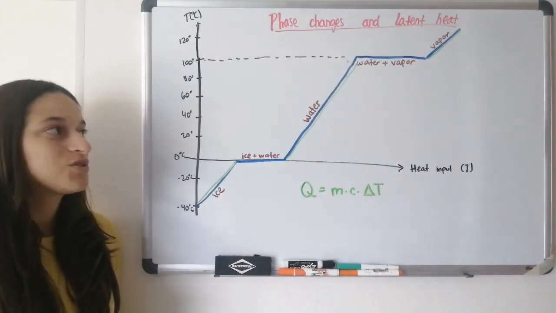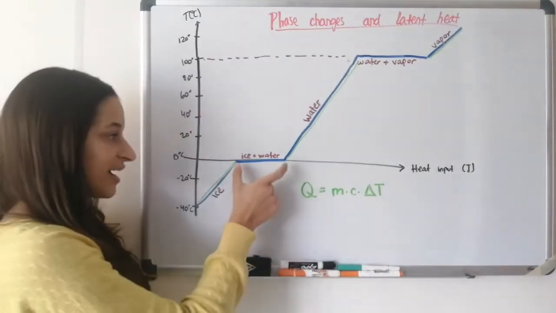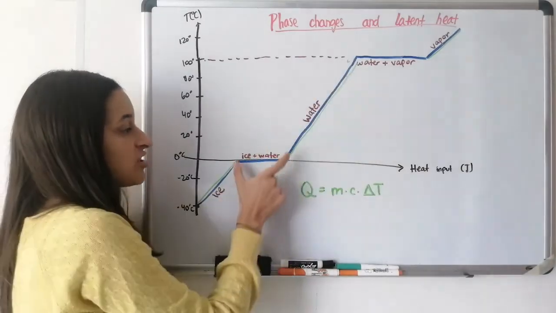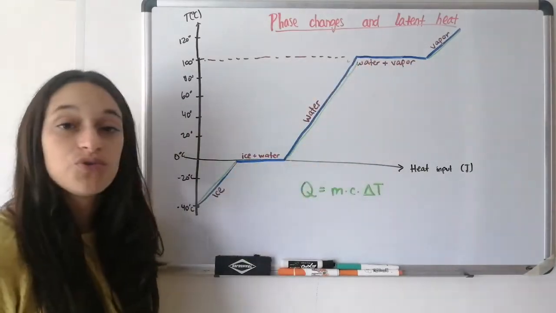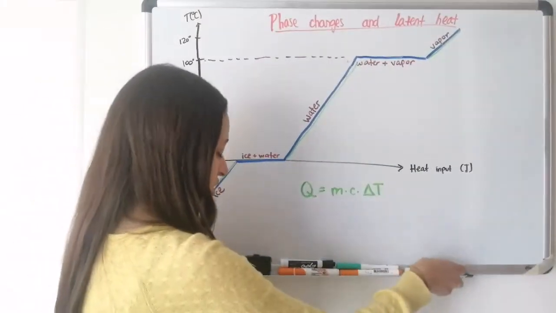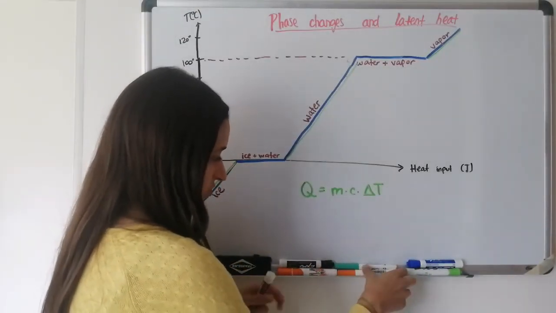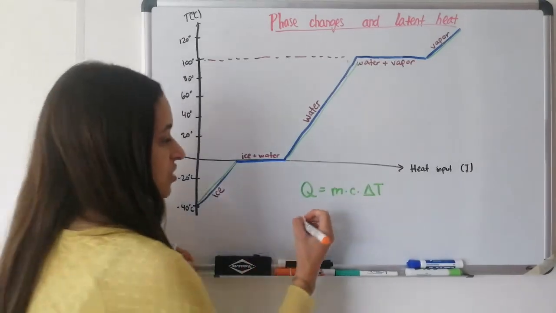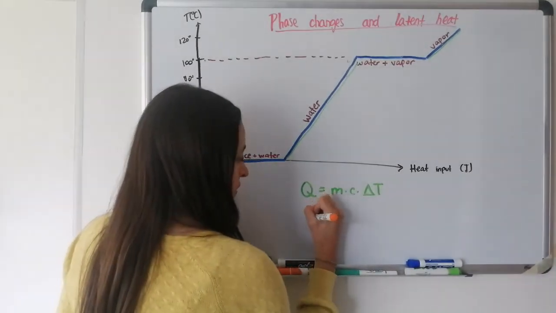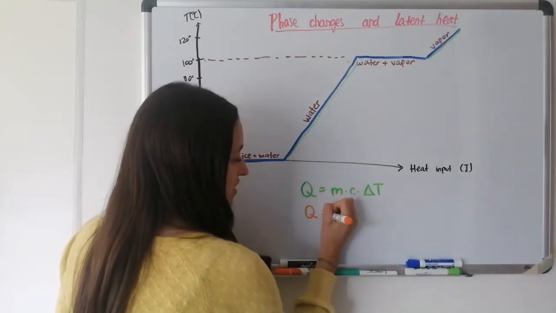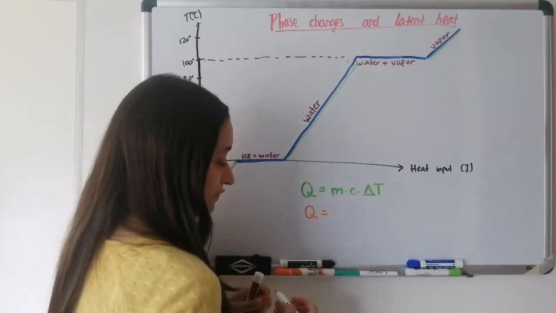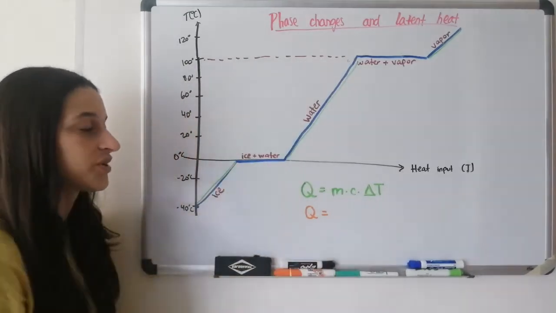But if we happen to have a situation in which we pass through a phase change, like here or here, we need to use a new equation. So that's the equation that I'm going to teach you today. Let me use the orange. So this new equation also tells us what happens with heat, but now the temperature isn't going to change.